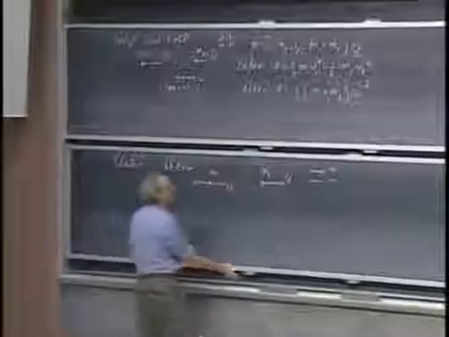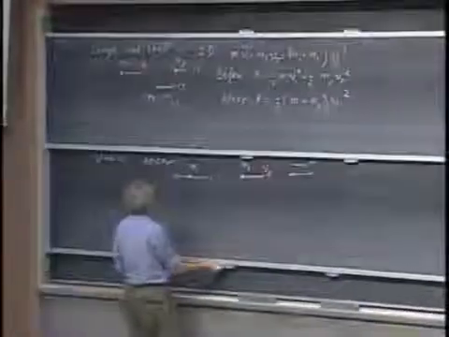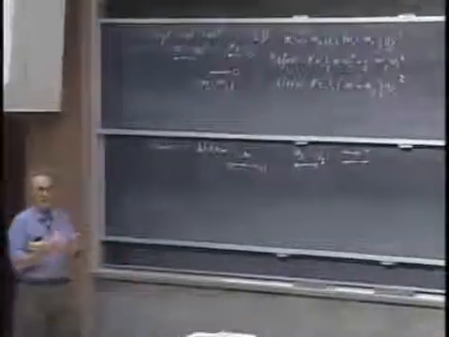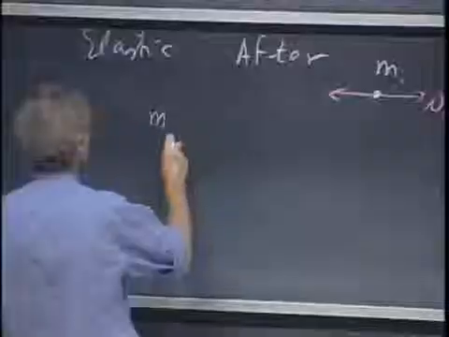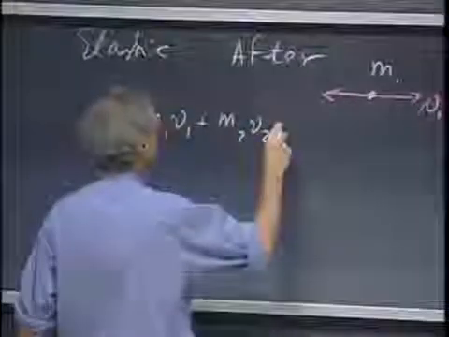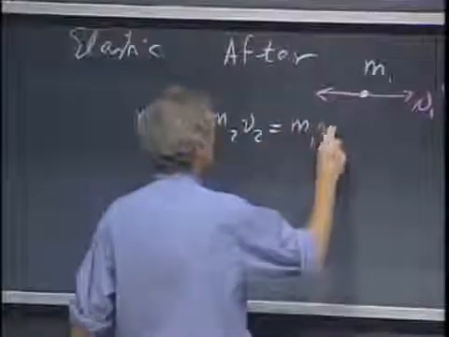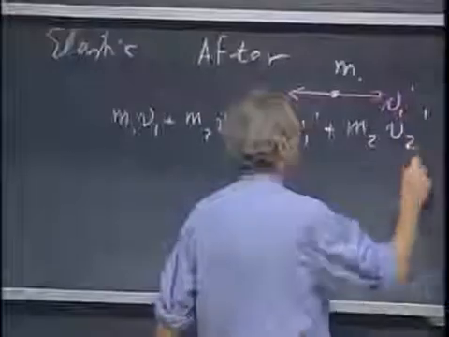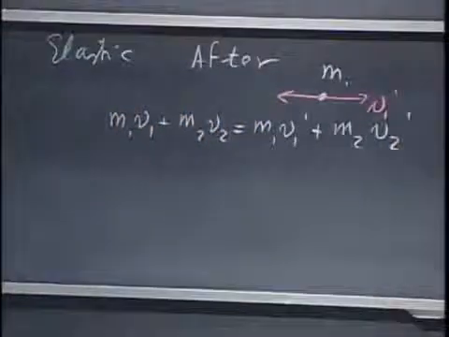Now we can apply the conservation of momentum if there is no external force on the system. Internal forces is fine. So now we have m1 v1 plus m2 v2 equals m1 v1 prime plus m2 v2 prime, conservation of momentum.